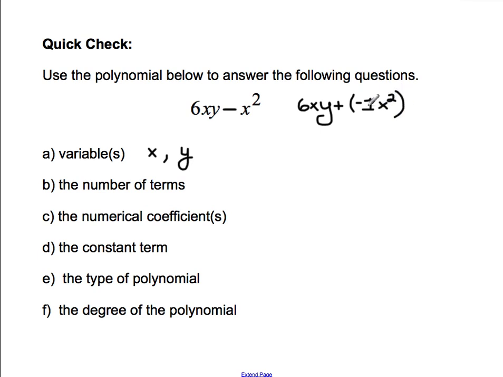Remember our numerical coefficient: if there isn't one, we put a 1 in there, and because we changed this subtraction to an addition statement, that's what makes it -1. If it helps to do that, please do. The number of terms: this is a term right here, and this is a term right here. So we have 2 of them. Because we have 2 terms, it's called a binomial.